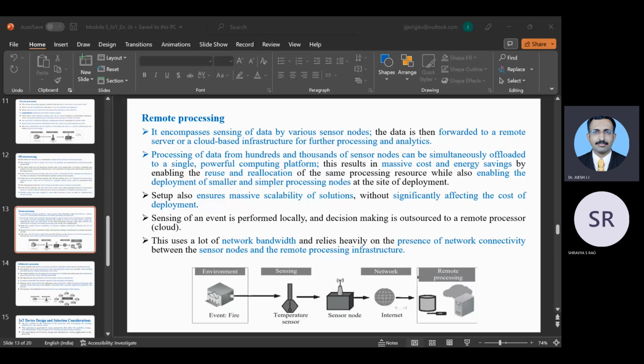So you are not investing for each node. If you invest for each node, the cost of production will be very high. Instead, you are investing in a single server, and whatever processing has to be done will be taken care of by the server. If you invest in single nodes, whatever cost is there will apply to every node, and it will come very high.